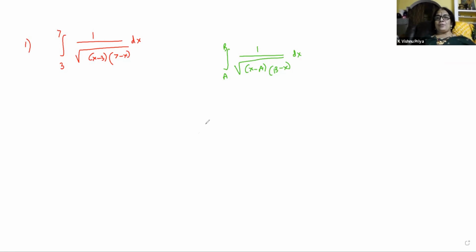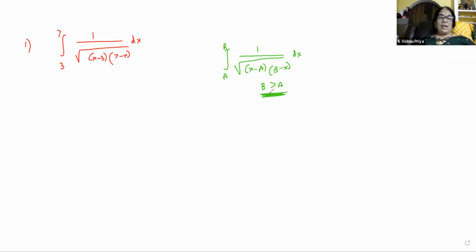First of all, you have to see b should be greater than a. Remember this condition. B should be greater than a. Then only you can use this formula.